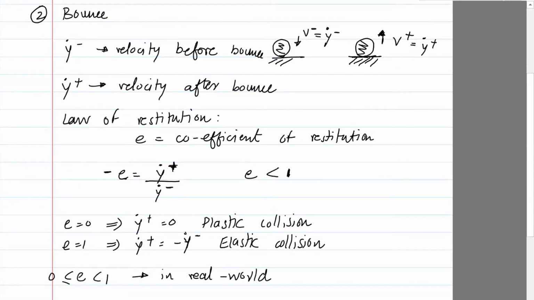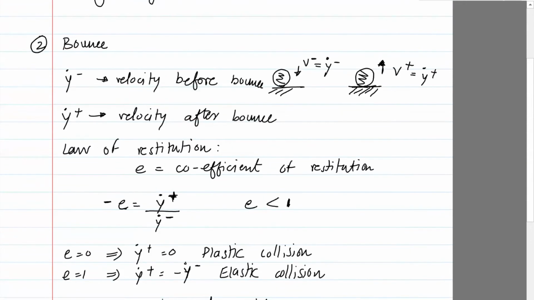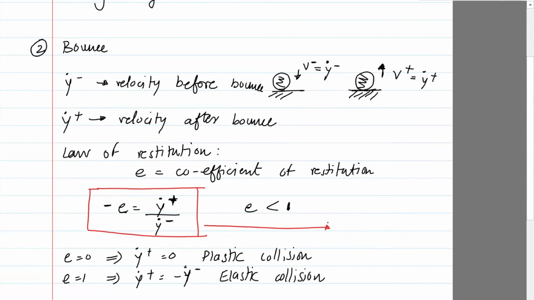So what I've written down are two equations, one for the bounce. I can maybe rewrite this as y dot positive equals minus E y dot negative, so that it's easier to write in MATLAB.